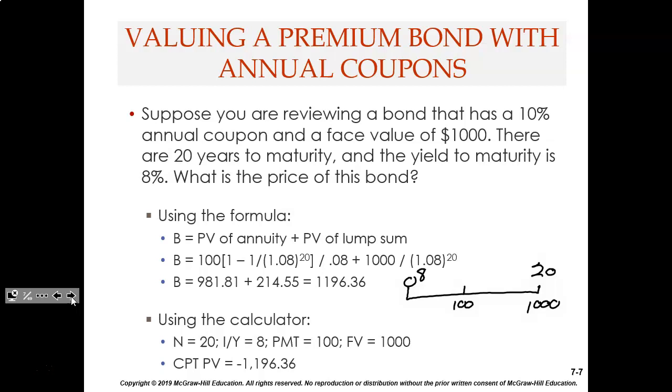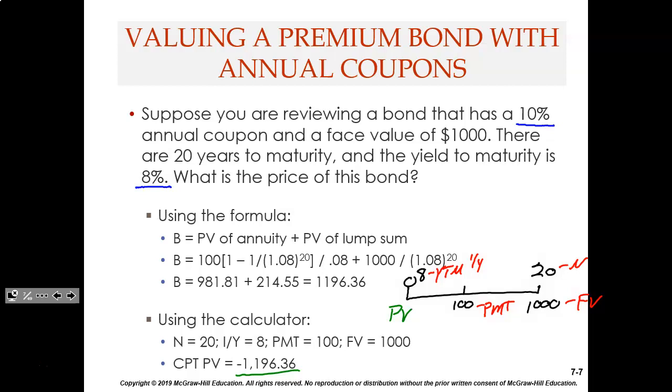And again, we'll highlight these variables so you can see yield to maturity. That's going to be our I/Y. There's our N, face value, future value, payment. Okay, and we're looking for present value, and we come up with $1,196.36.